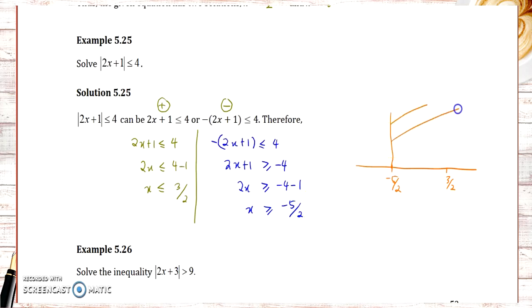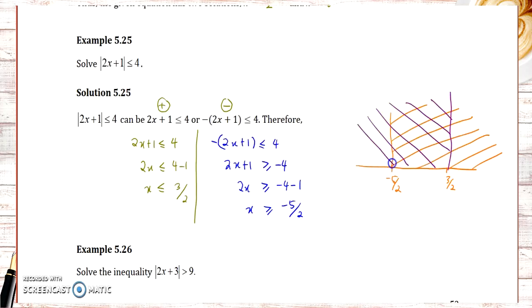So the area is on the right side of negative 5 over 2. Then for the second interval, we have x less than or equal to 3 over 2 here, and all x less than this number. So we have all x on the left side of 3 over 2.